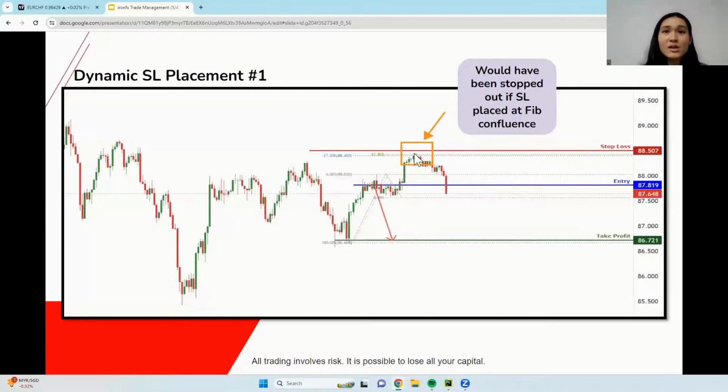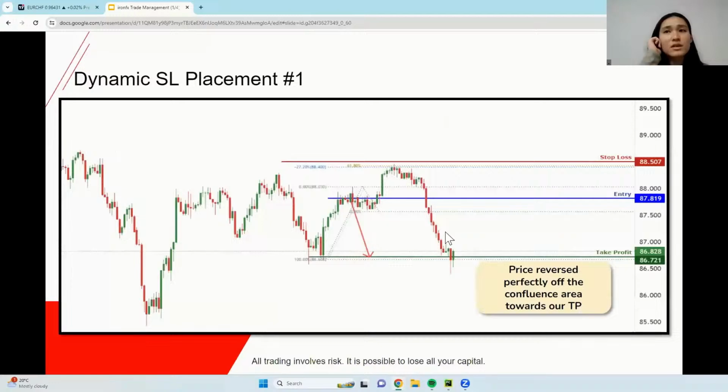It touched the Fibonacci confluence area perfectly before reversing off of it back down to our entry. And once again, the reason is because price is often attracted to such strong areas of support or resistance before reversing off of these areas. Price reversed perfectly off our confluence area and hit back down towards our take profit.